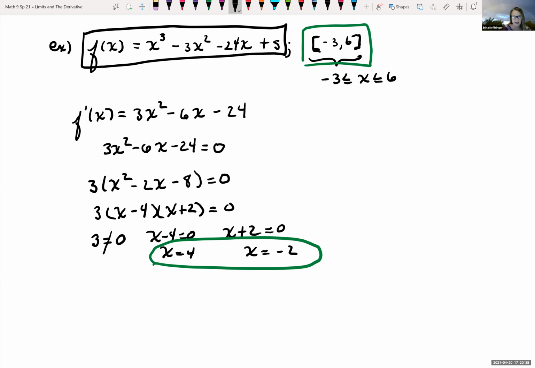I tend to just make a chart like I was going to plot points. So this is my x value I'm going to plug in, and my y value I get back plugging in x wherever I see an x, I get x cubed minus 3x squared, minus 24x plus 5.